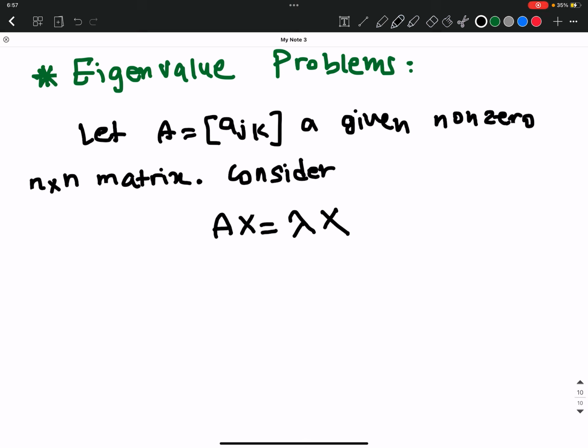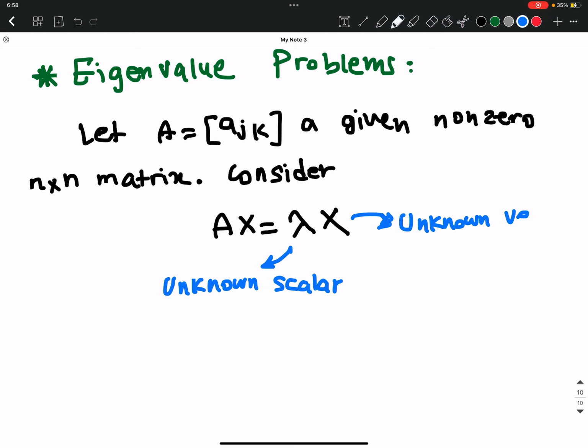Here, lambda is an unknown scalar and x is an unknown vector. We call these lambdas eigenvalues.